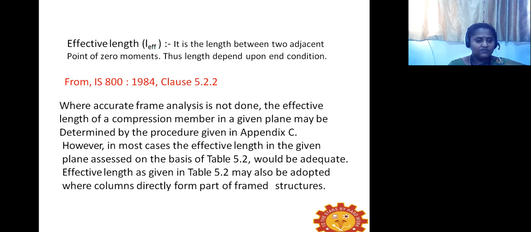The effective length given in table 5.2 may also be directly adopted in design where columns directly form part of framed structures. So the effective length plays a vital role in any design, and it mainly depends upon the support condition.